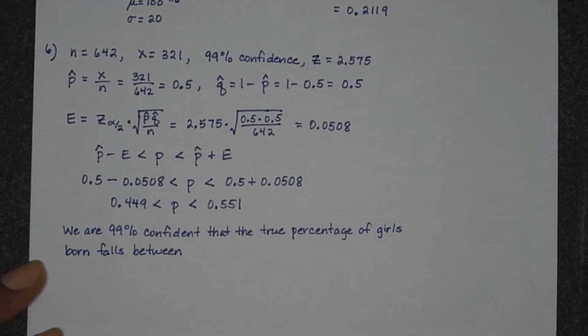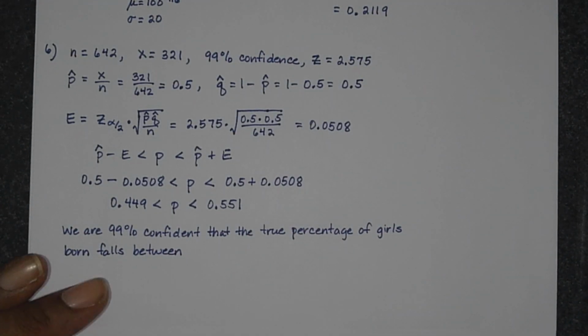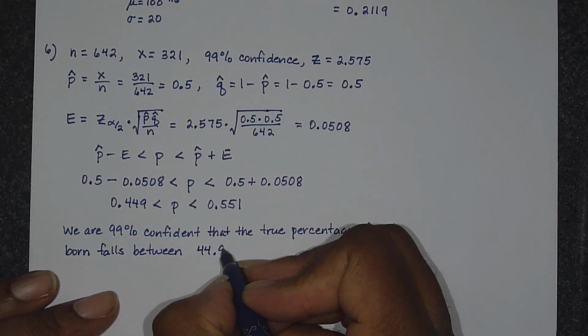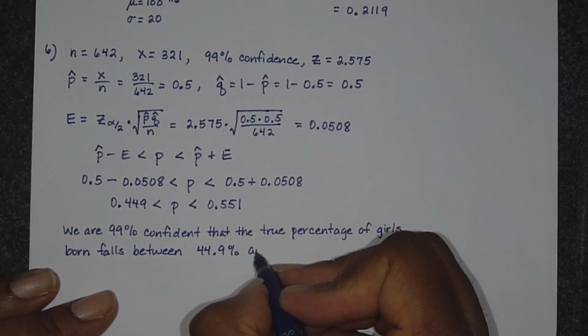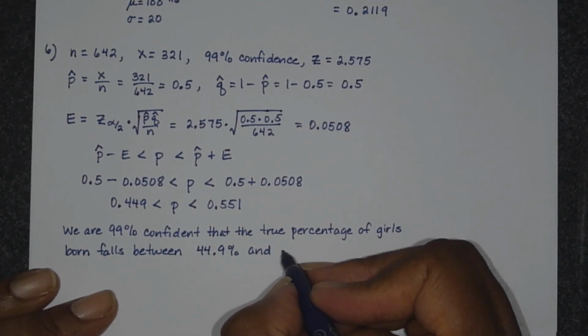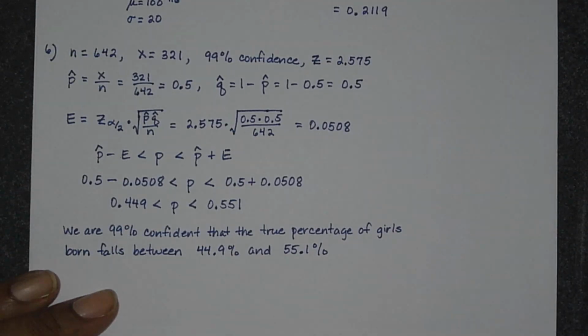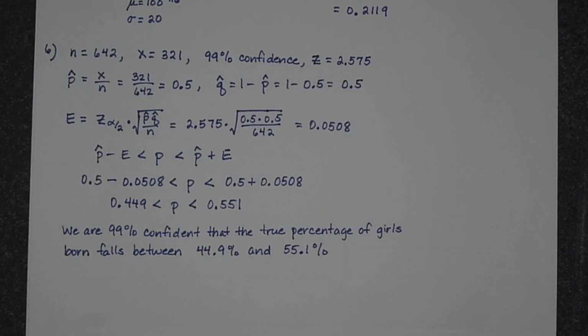Now these are decimals, we need to convert those to a percent, so 0.449 as a percent would be 44.9%, and 0.551 as a percent, 55.1%. Okay, and that's all there is to it.